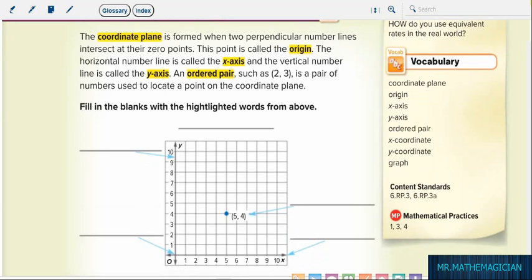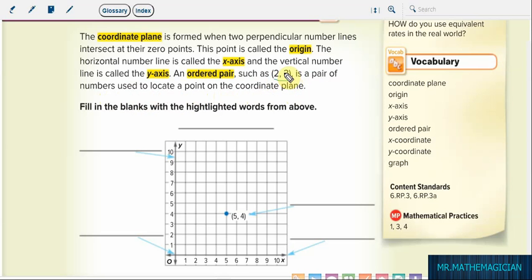An ordered pair such as 2 and 3 is a pair of numbers used to locate a point on the coordinate plane. 2 and 3 means we move 2 units on the x-axis, and we always move on the x-axis first, then we go up 3 units along the y-axis.